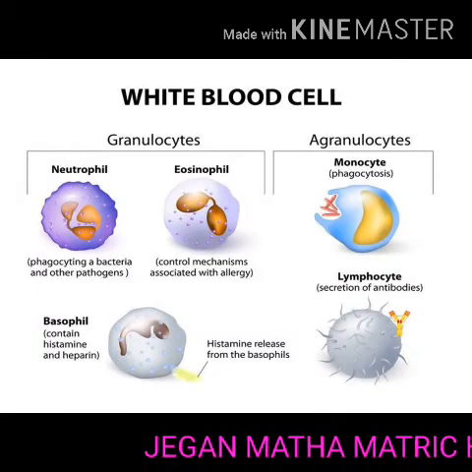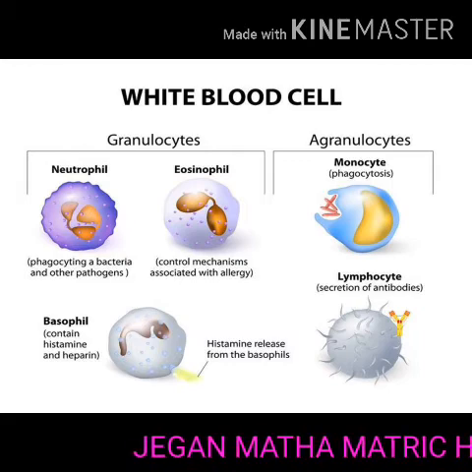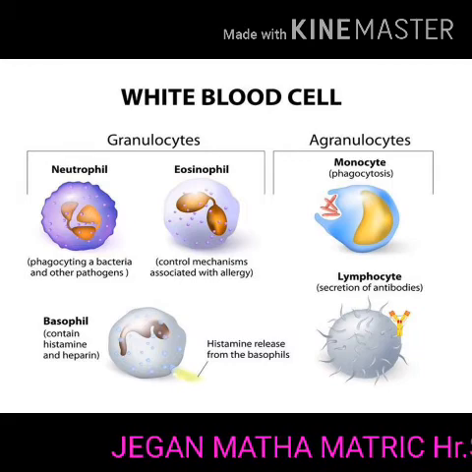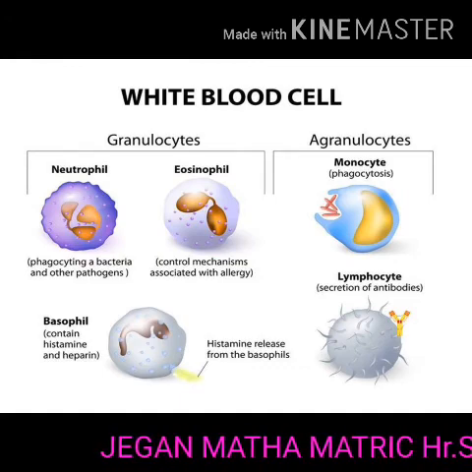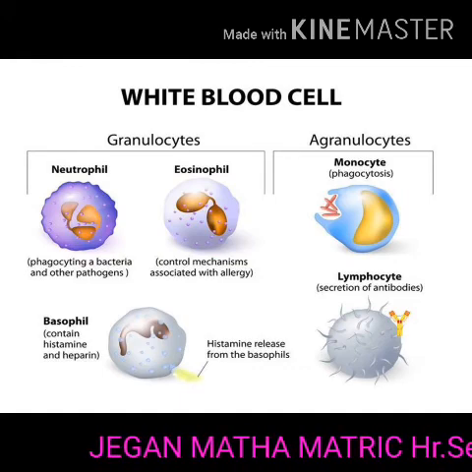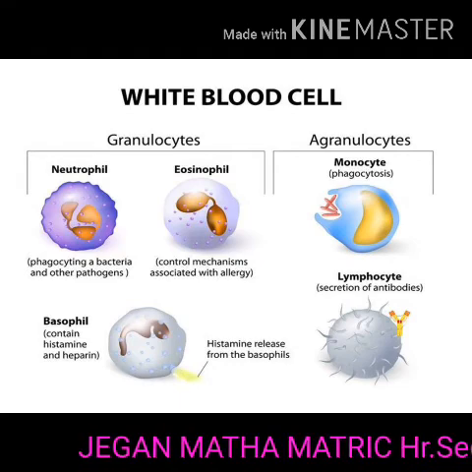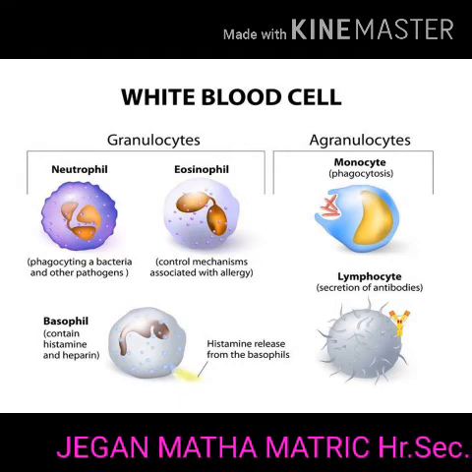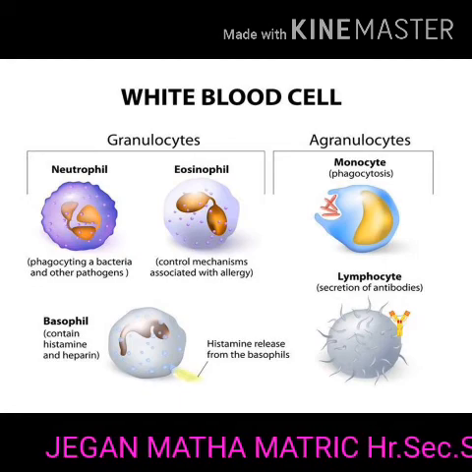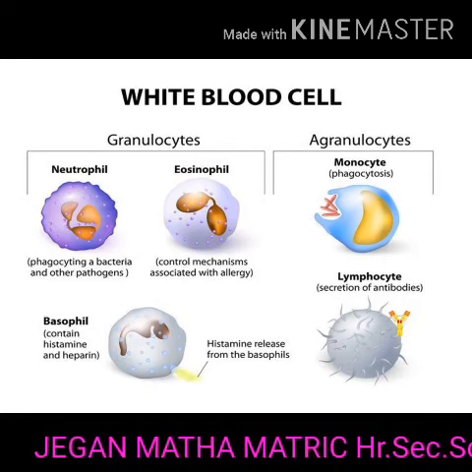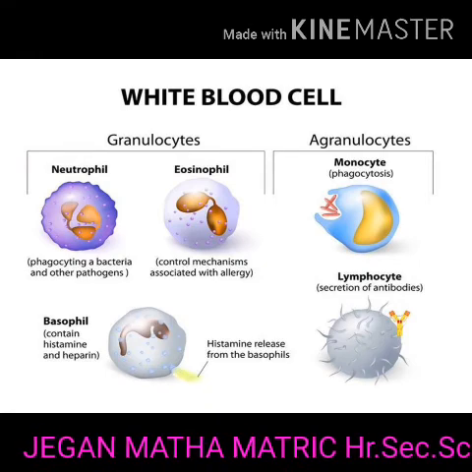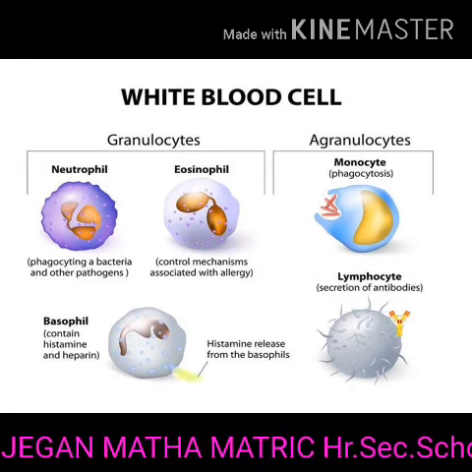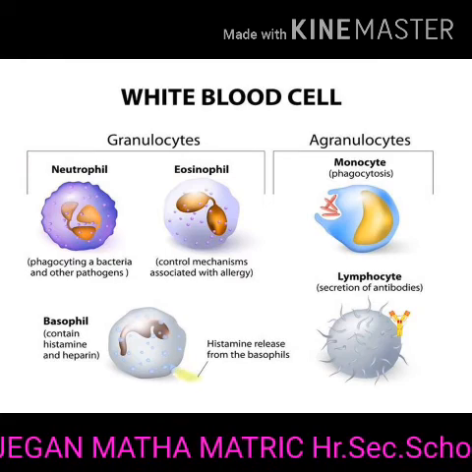White blood corpuscles, otherwise called leukocytes. They are larger in size, contain a distinct nucleus and are colorless. They are capable of amoeboid movement and play an important role in the body's defensive mechanism. They engulf or destroy foreign bodies.